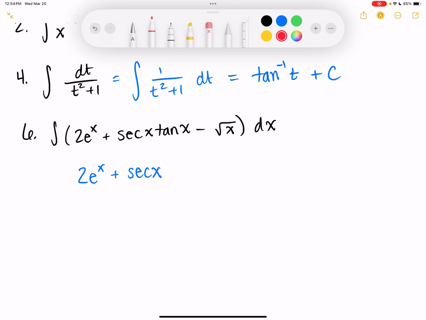Yeah, let's think about this as negative x to the 1/2. I have to write it out with the fractional exponents to be able to see it and make sure.